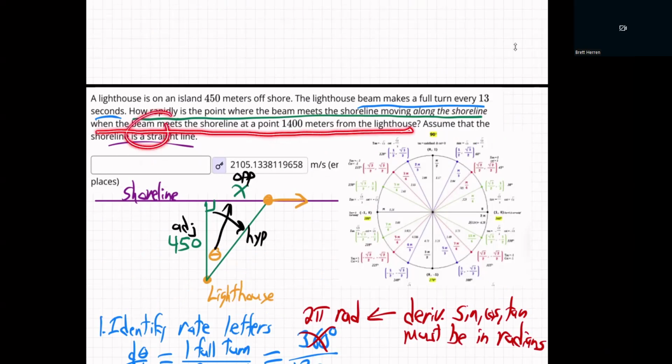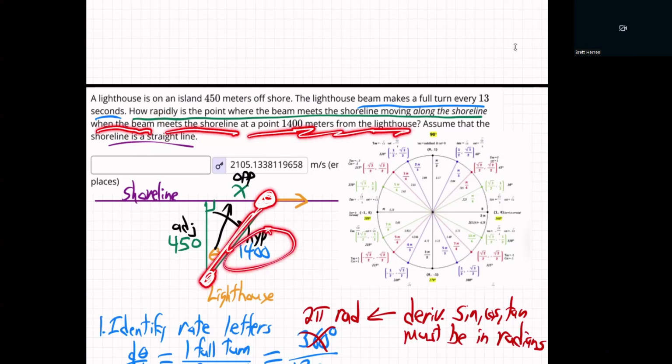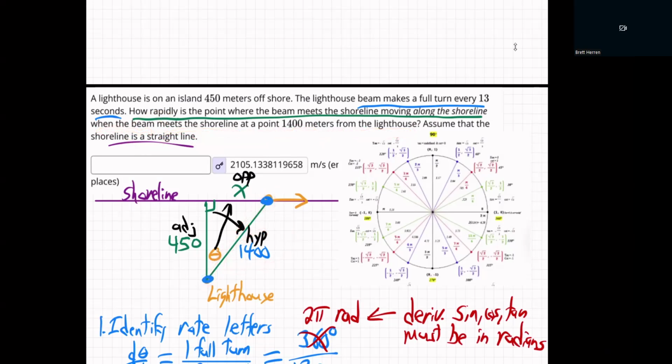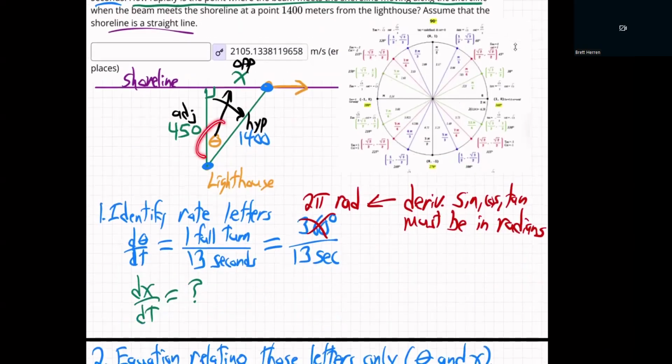So they mean this is 1,400, from the lighthouse to that point. This is where the beam meets the shoreline, at a point 1,400 meters from the lighthouse. This is 1,400. That's what they're telling me. Okay, great. Well, that's going to help me find theta.